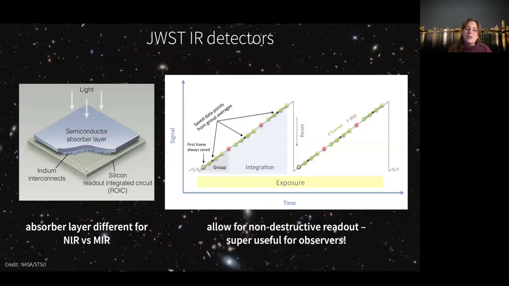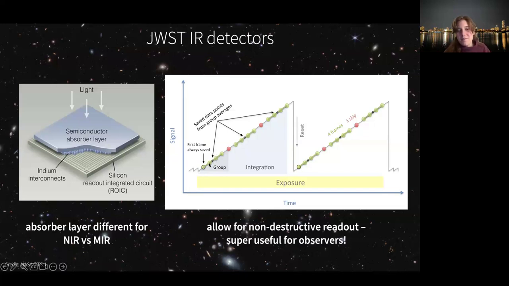The reason this is really important for the work we're doing, especially when you're talking about faint signals, is that you could, for example, have a cosmic ray hit your detector. Cosmic rays are very high energy charged particles that are streaming through the universe. When a cosmic ray hits your detector, which you can't really shield that well against, you would notice a jump.